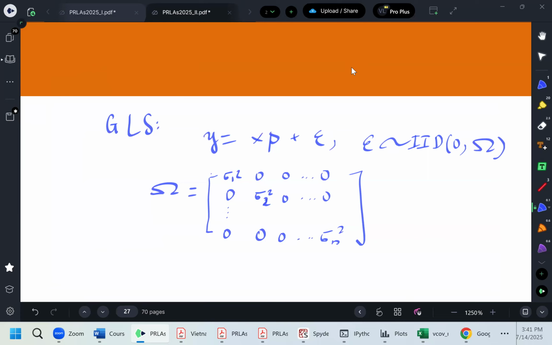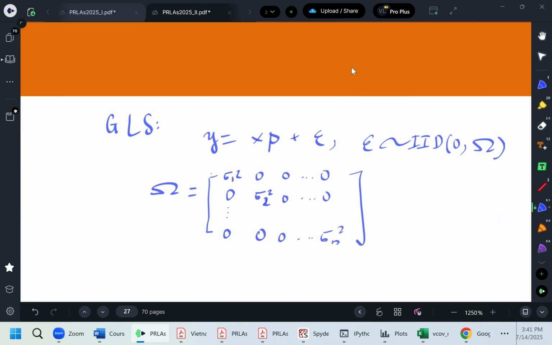Yeah. So when we have this one, the question when we doubt that the variances on the diagonal are not constant, what do we do? They depend on the value of x's.